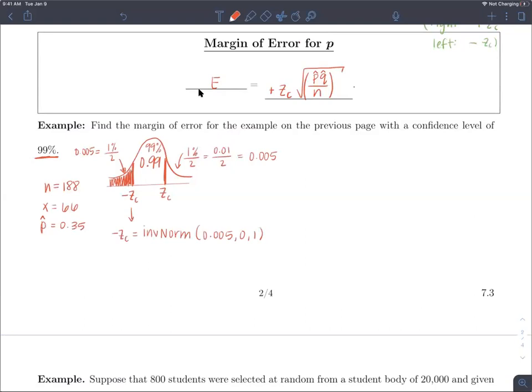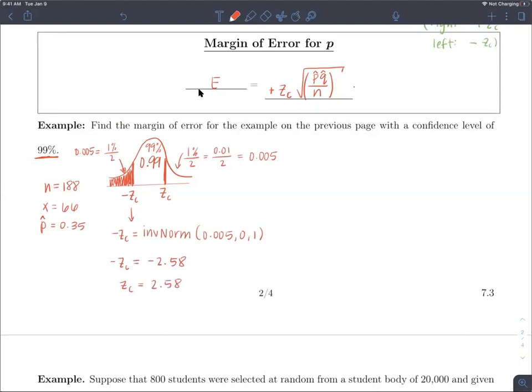And so when you do this, let's do it real quick, 0.005, comma 0, comma 1, negative 2.58. So everybody should be getting that when they put this into their calculator. Which means that the positive version is 2.58.